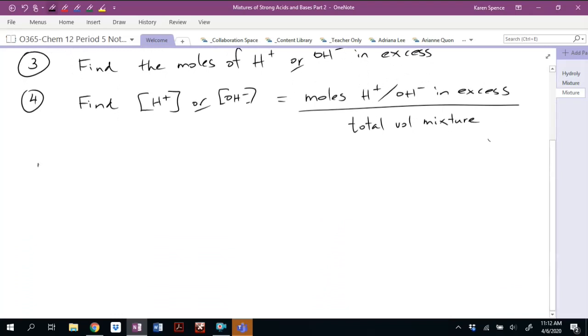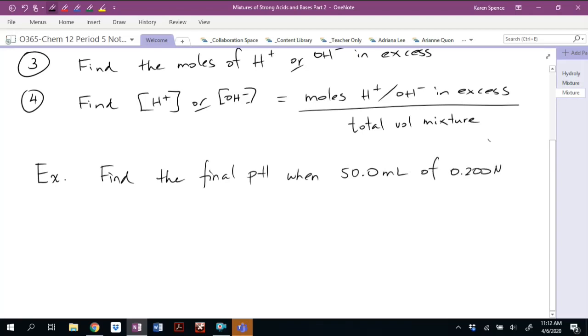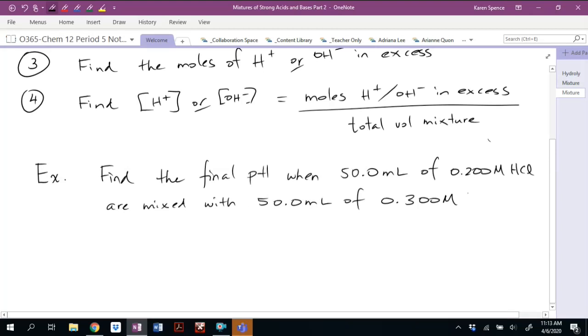Okay, so let's do an example here. We're going to find the final pH when 50 milliliters of 0.200 molar HCl are mixed with 50 milliliters of 0.300 molar barium hydroxide.